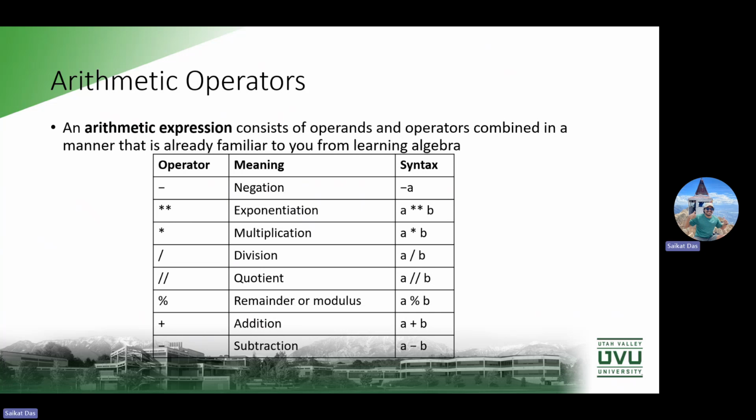So there are 2 types of division here. This is weird. We know only one type of division in class, but in Python we have 2 types of division. One division will give you the real division, and another division will return the quotient. Then the remainder. 5 divided by 2, what is the quotient of this one?